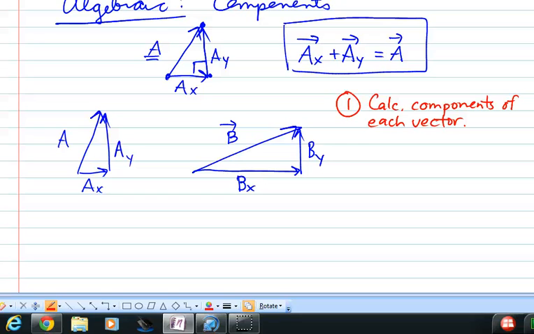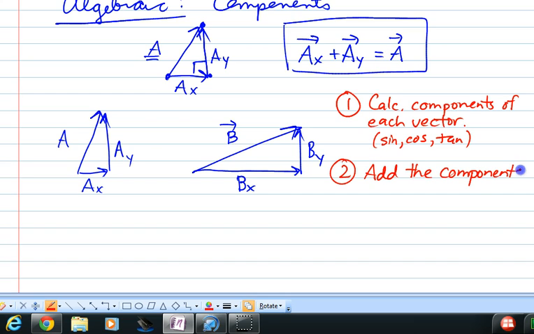If you only have 2 vectors, you only have 2 components. But you do that using sine or cosine or even tangent. Okay? And again, look back at the SOHCAHTOA video for instruction on that. Then you add the components.